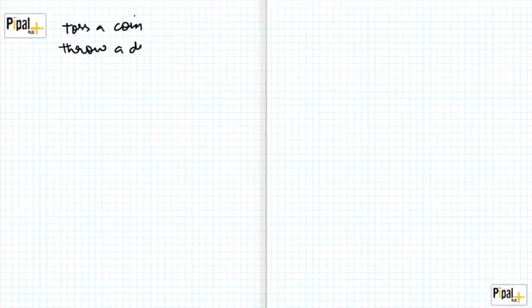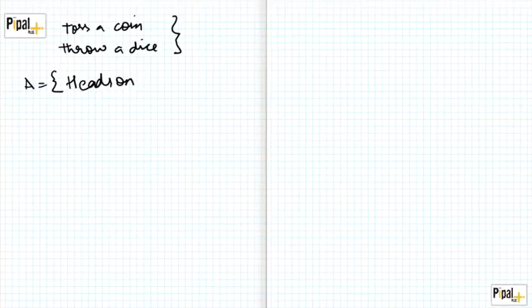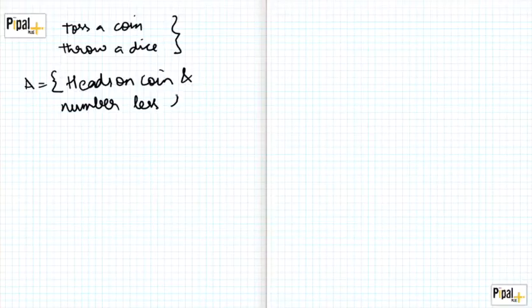Then let's take another example. This time let's toss a coin and throw a dice, so this is again a compound experiment. Now in tossing a coin and throwing a dice, let's define an event A such that we get a heads on the coin and we get a number less than 3, right?